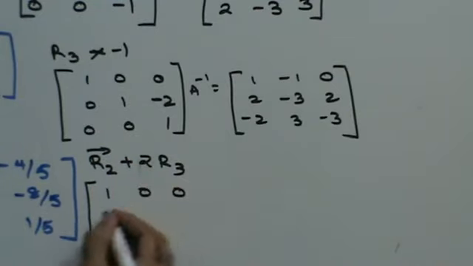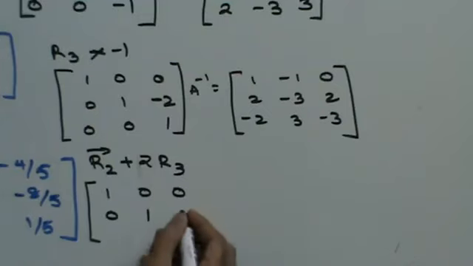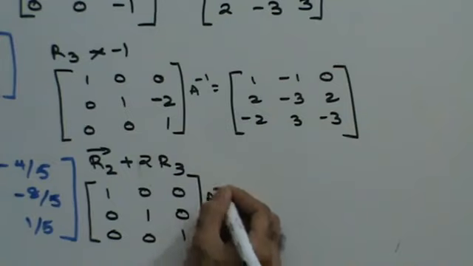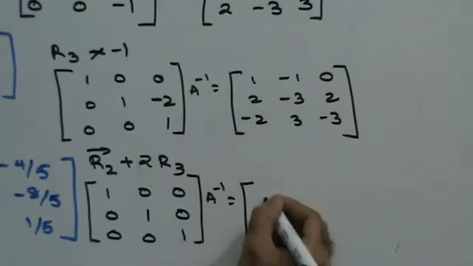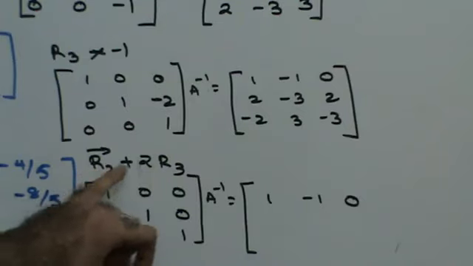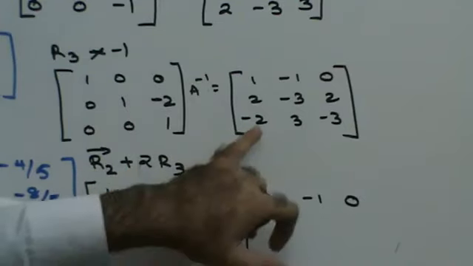1, 0, 0. 0 minus 0, 0 plus 0, 1 plus 0, minus 2 plus 2. 0, 0, 1. A inverse is 1 minus 1, 0. 2 plus into minus 2.